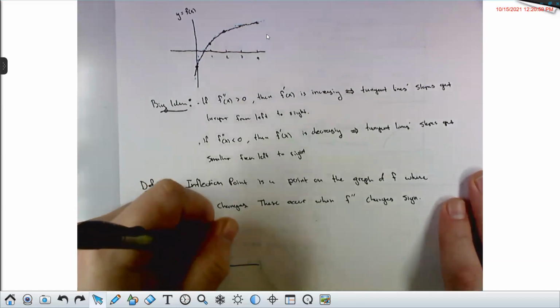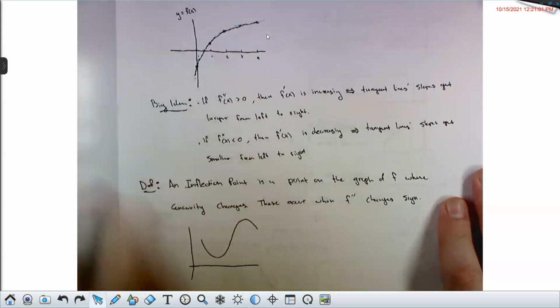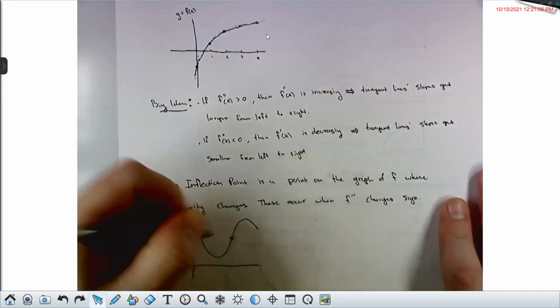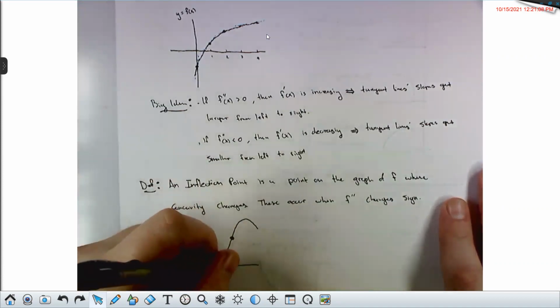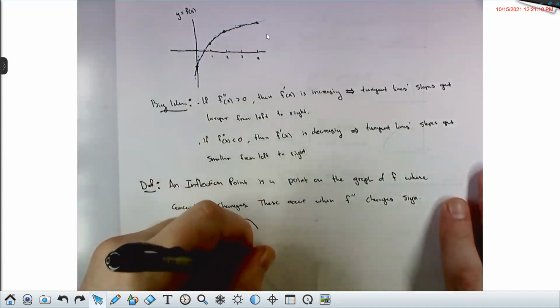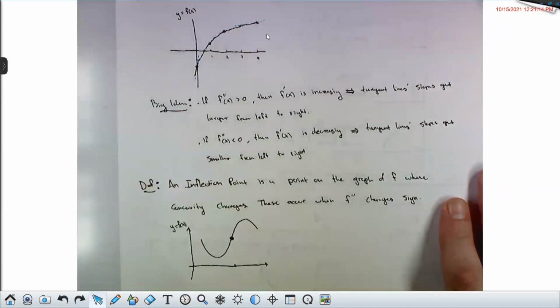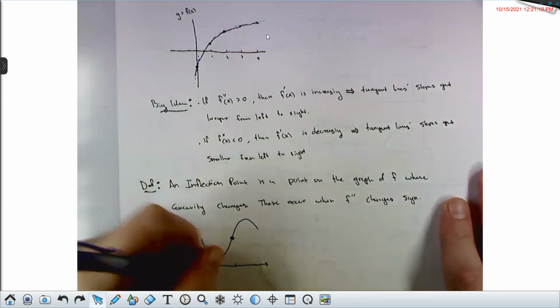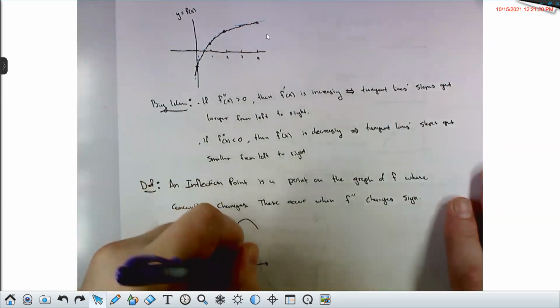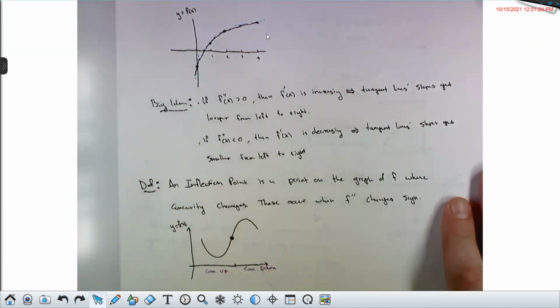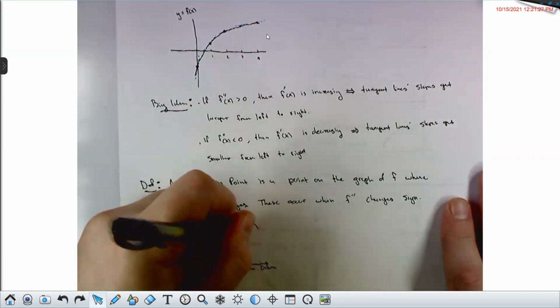So you see right here, my function goes from being concave up to concave down. This is the original. We are concave up here. We are concave down here. So this would be an inflection point.